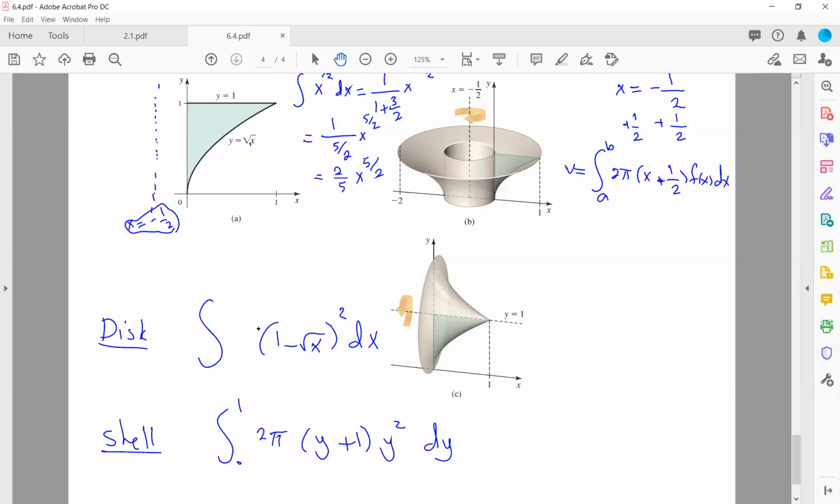What's the upper limit? Zero to 1, 0 to 1. So take a minute or two, solve these two, give me your final answer.